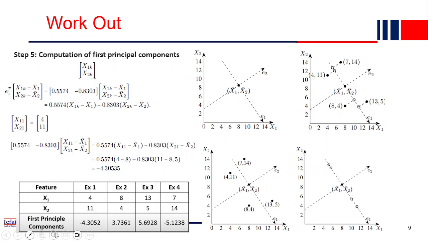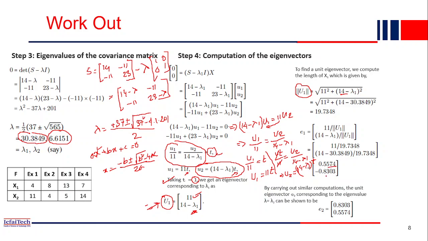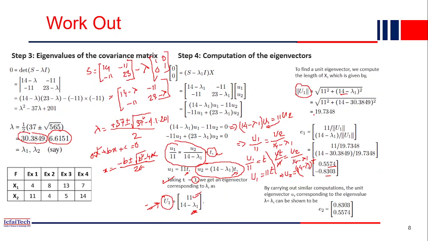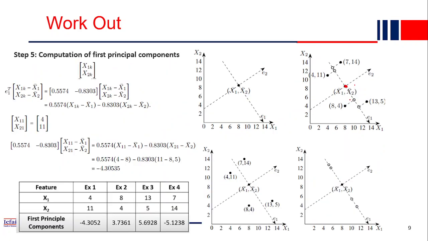So if I plot these two values, 0.55 and minus 0.83, this is our center point, right? Average point. So from here plus 0.55, I have to go this side, and minus 0.83 means downward you have to go.